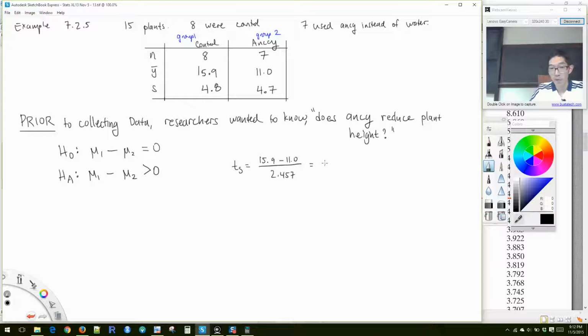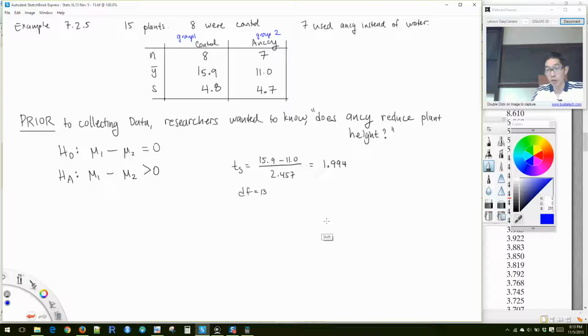Our test statistic ends up being positive 1.994. Okay, so same data as before. Our test statistic ends up here. Okay. We go to the t-table and we look this up with degrees of freedom equal to 13. All right. What do we get for our p-value this time?